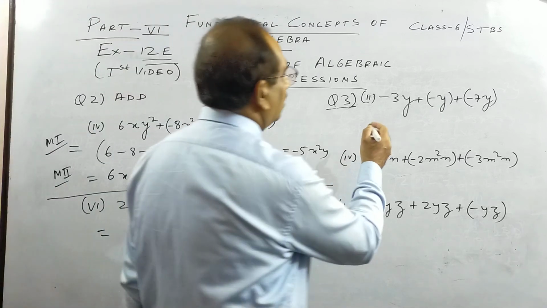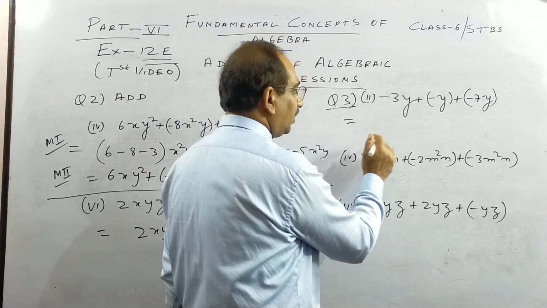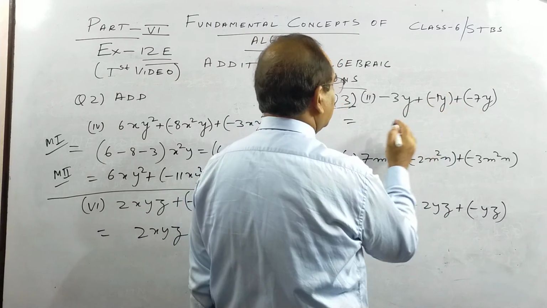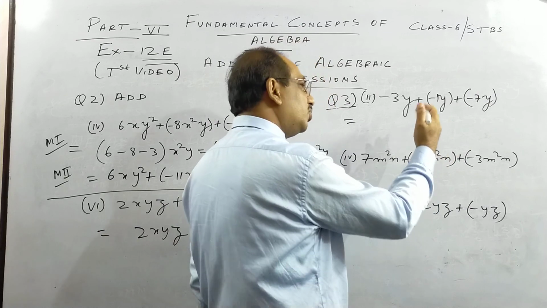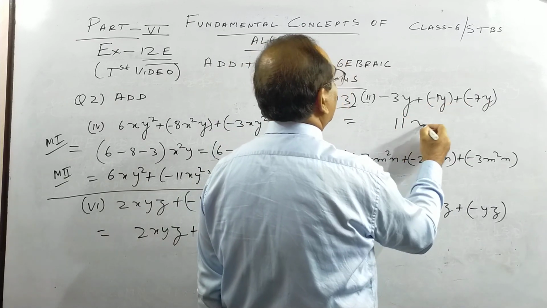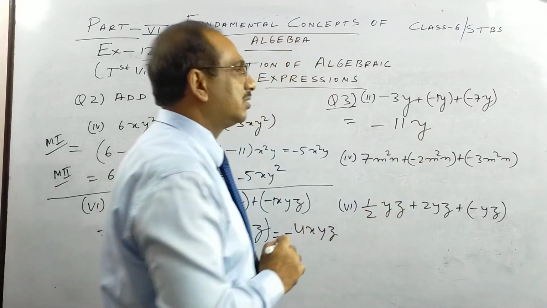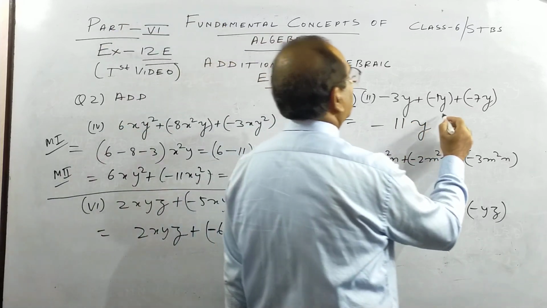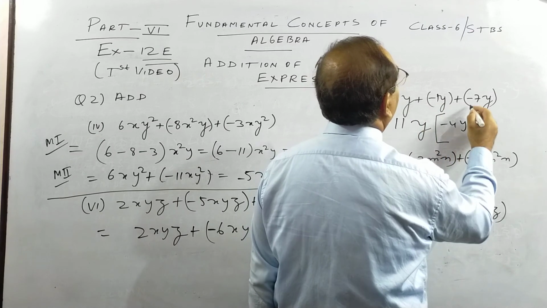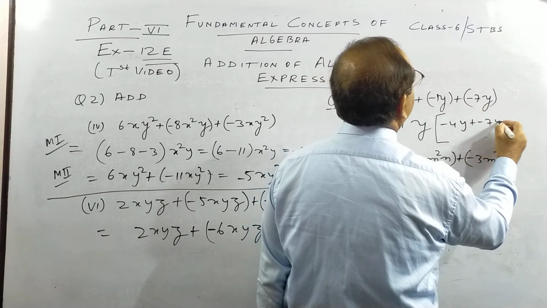Next we move on here, very similar. If nothing is there, it means once you get minus, minus, minus, add all of them. So if 2 or more terms are all minus, 3 plus 1, 4 plus 7, 11, and the answer will be minus. Or you could have done it in two methods. First do 2, this with this, you will get minus 4y plus minus 7y.